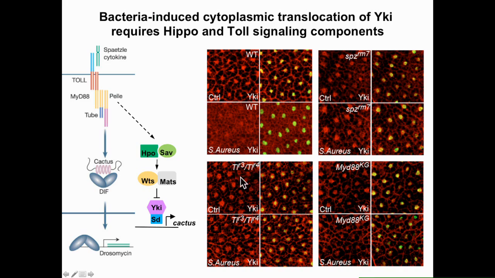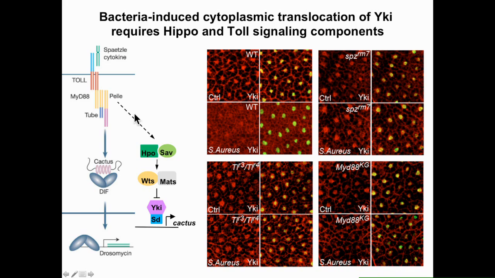However, in the Toll receptor mutant, the Spätzle mutant, or the MyD88 mutant background, you no longer see this translocation. Several hours after infection, Yorkie remains concentrated in the nuclei. This suggests that all these proteins, which are upstream of the Pele protein, are required for bacteria-induced cytoplasmic translocation of Yorkie.